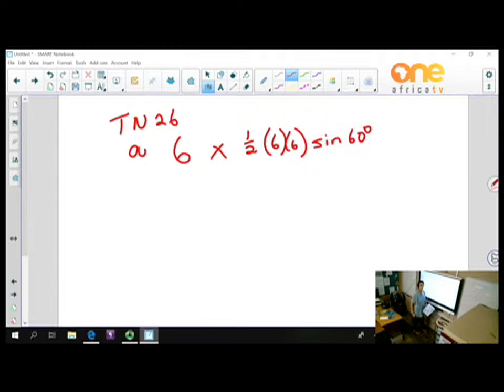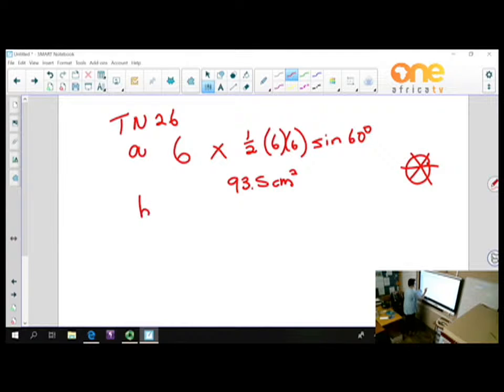If you have a hexagon, these angles add up to 360 degrees, so one will be sine 60 degrees. And this is 93.5 square centimeters.